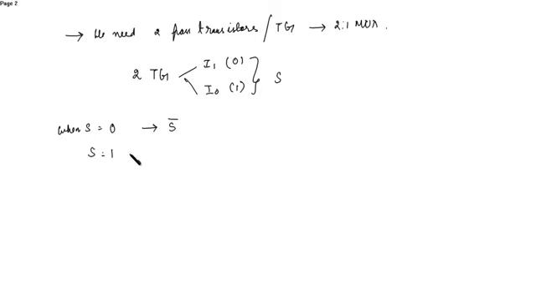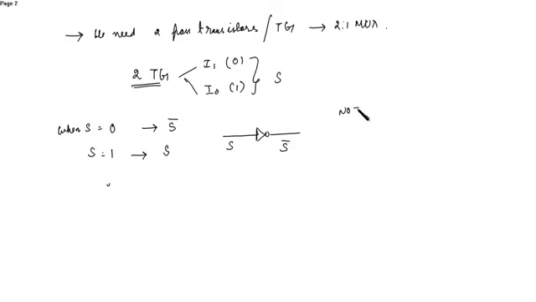When S is equal to 1, it should be S. And we can use two transmission gates. So here we need an inverter, as there should be S and S bar.